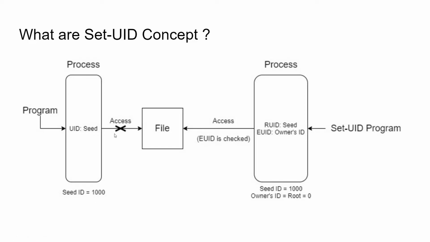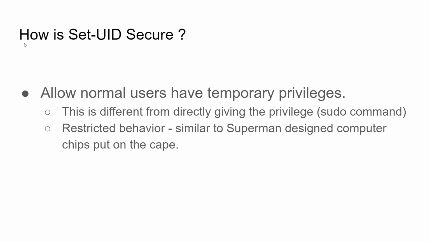When it wants to access this file, it is denied because the effective UID has no permission to access this file. When a Set-UID process is run, the real UID is still 1000, but now the effective UID equals the root ID, 0. Now the program will run with root privilege. When the file checks the effective UID, it will allow access.